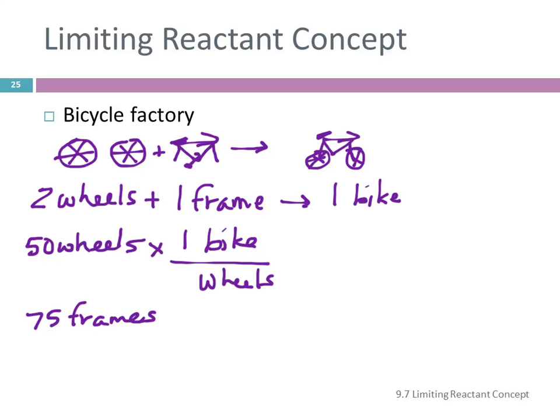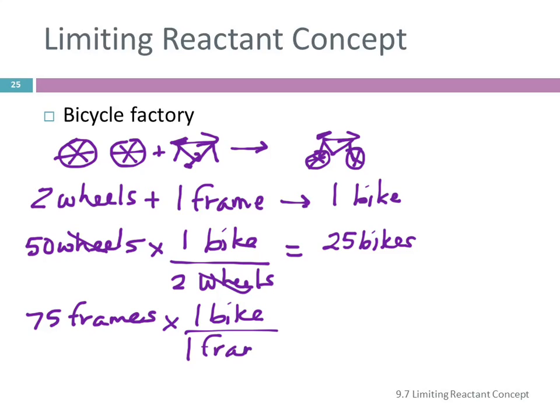So I get 1 bike for every 2 wheels. This cancels out. I get 50 divided by 2, 25 bikes. The frames, I get 1 bike for each frame. Frame cancels out. I could make 75 bikes.